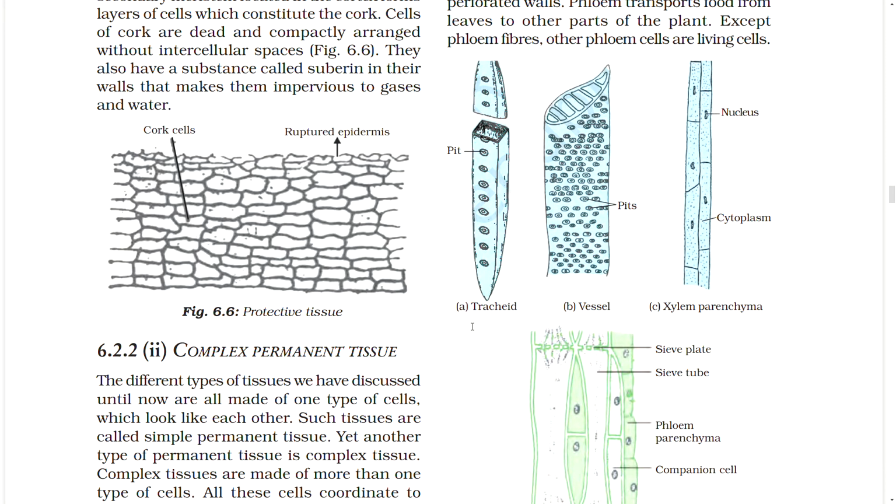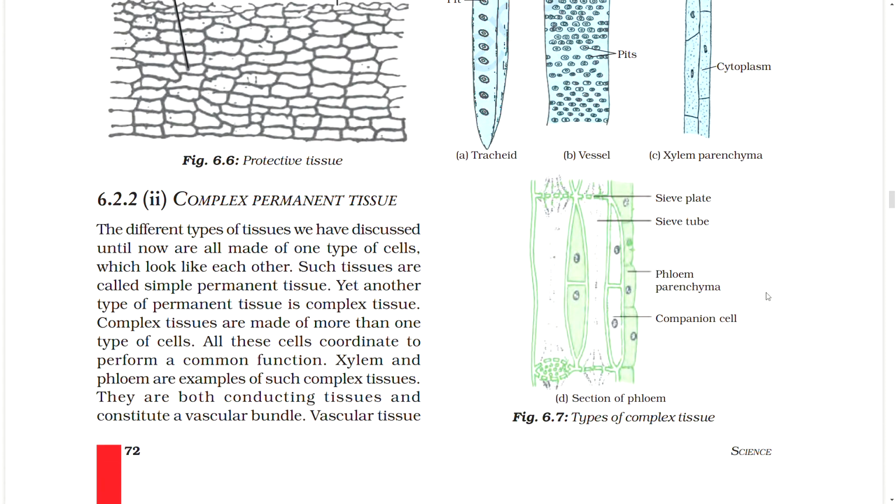A. Tracheid pit. B. Vessel pits. C. Xylem parenchyma, nucleus, cytoplasm. Figure: types of complex tissues: sieve plate, sieve tube, phloem parenchyma, companion cells. Dissection of phloem.